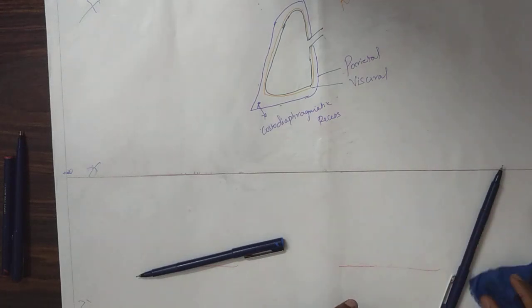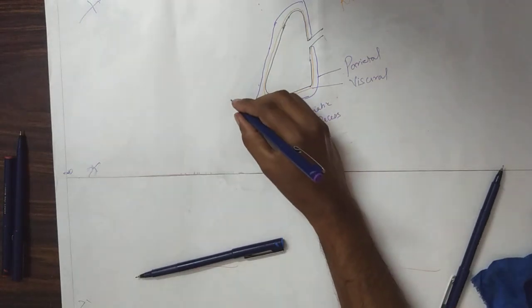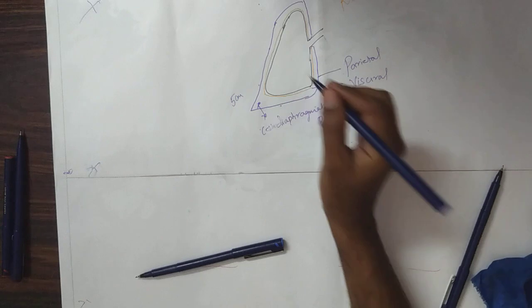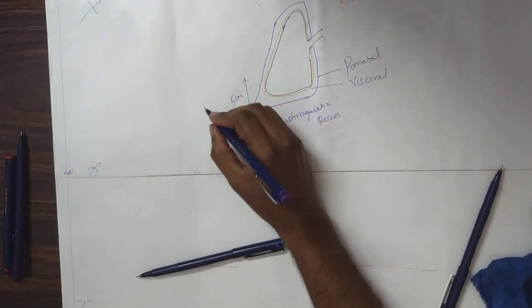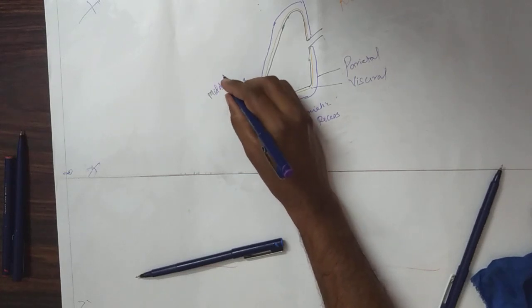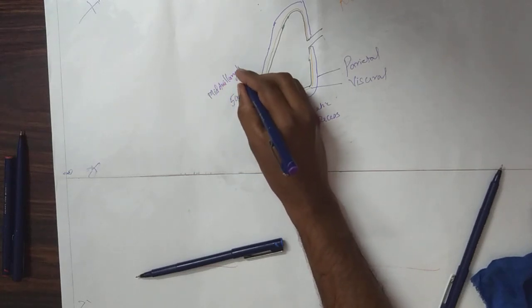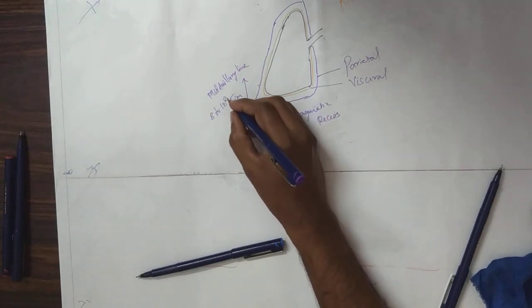Other important features: this will extend about 5 centimeters vertically, from above downwards, at the mid axillary line and between the 8th to 10th ribs.